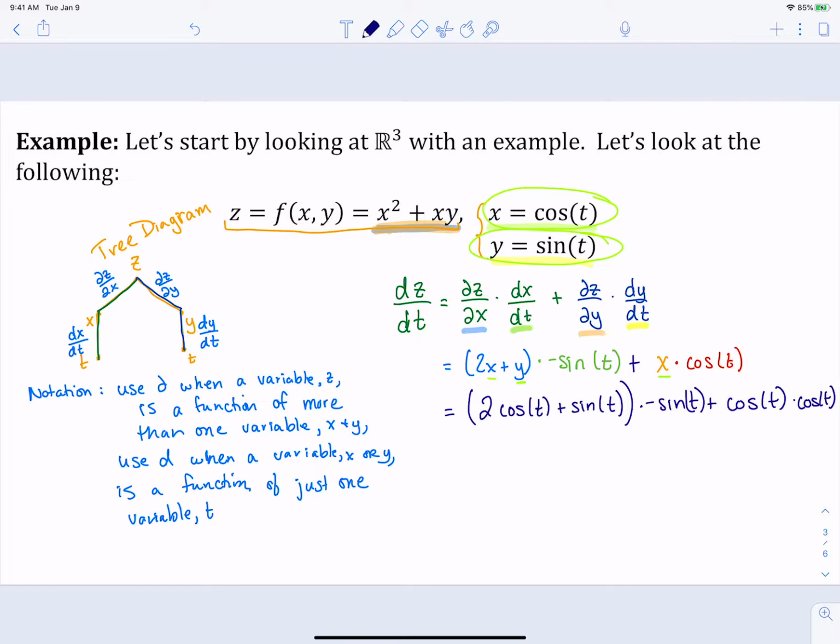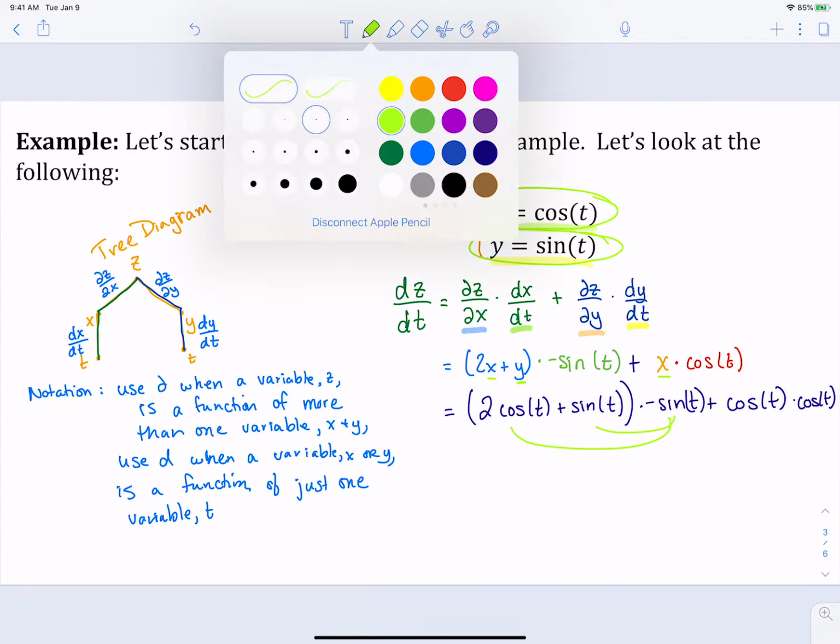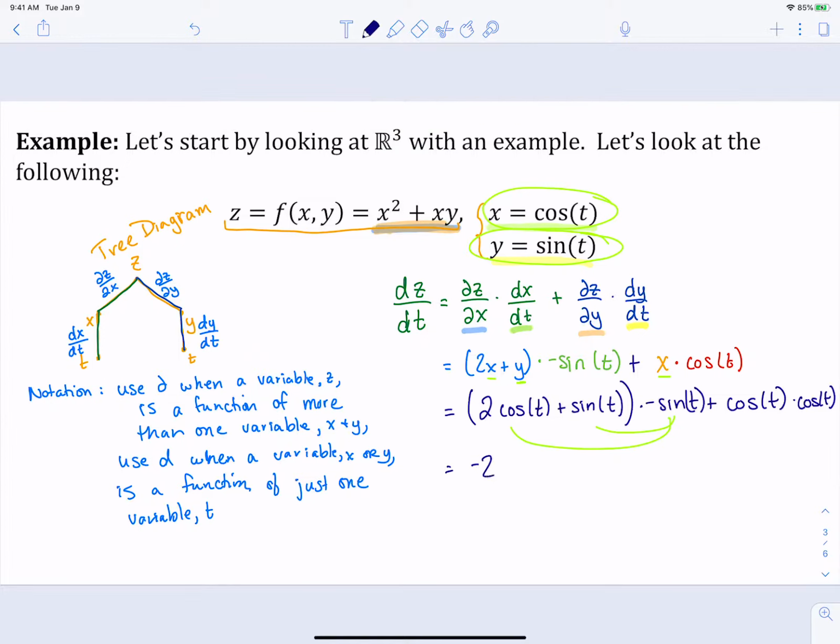Now the rest of this is just prettying this up a little bit, using the distributive property here, multiplying that negative sine of t by what's inside the parentheses here, so that we get negative 2 sine of t cosine of t, and then minus sine squared of t, and then plus cosine squared of t. And sadly, we're so close to having sine squared plus cosine squared, but we don't. And this is all we can do with this.